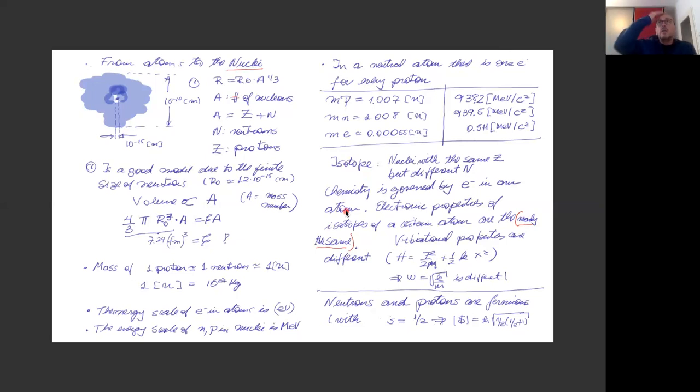So I could actually increase or decrease the number of nucleons in helium, and I will get a different particle, but it will also be helium. Most of the chemical properties will be the same, because the chemical properties are related to the electronic structure, and the electronic structure is almost the same in the case of a helium with 1 neutron, or a helium with 2 neutrons.